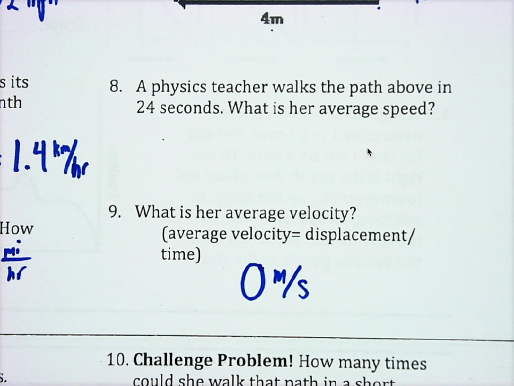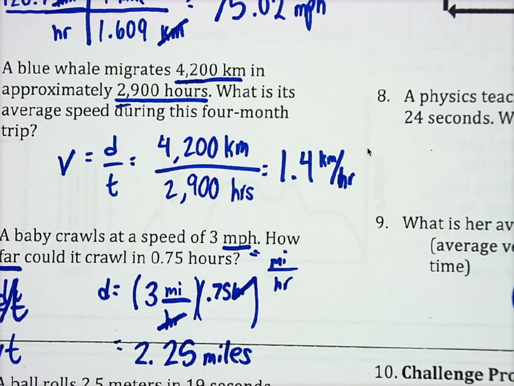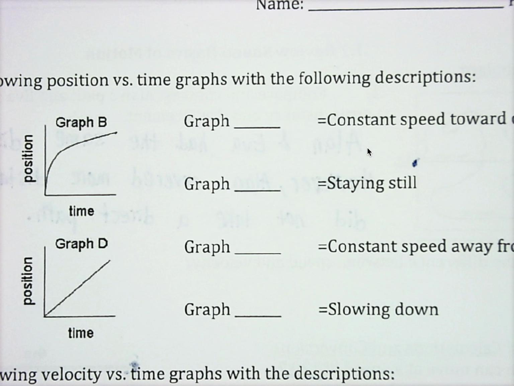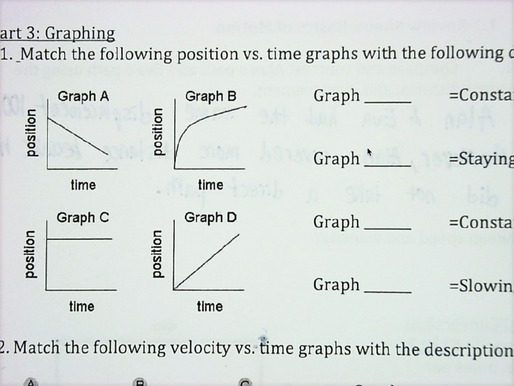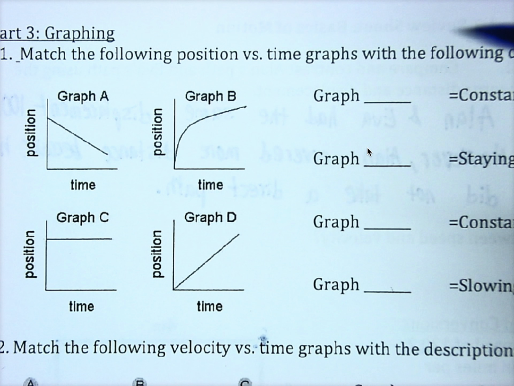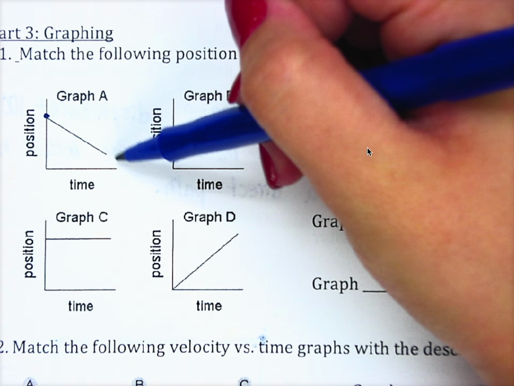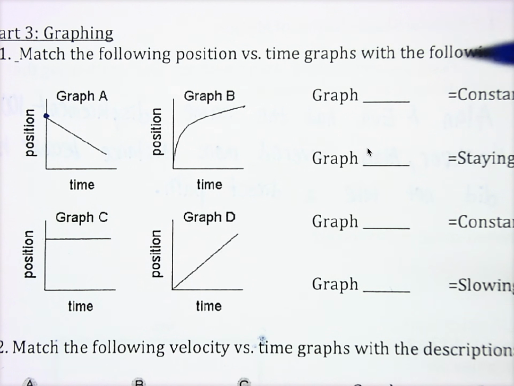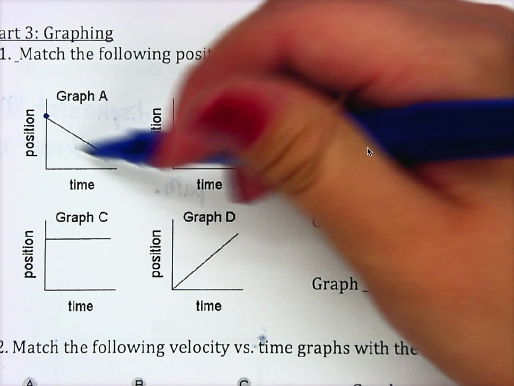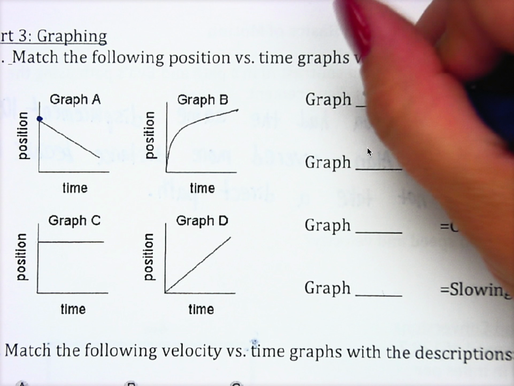Okay. So let's go ahead and look at some of the graphing over on the back now that we've done those. I'm just going to pick some random graphs to explain. On this one, I'll do graph A and B. So A, it's starting out at a high position and going towards 0 position. So that would be constant speed because it's straight. So that's constant speed toward the origin.